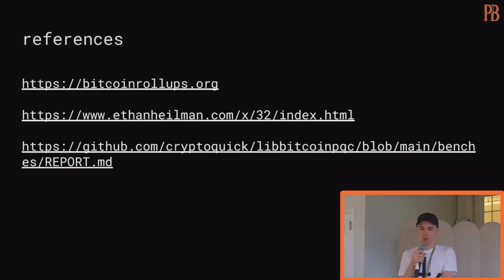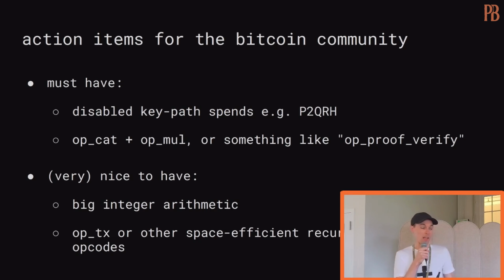Yeah, so first, like I said, we have to disable keypath spends. That way we restrict spending from that address to the script path. And then the script would be this validity proof verifier script, so that in order to spend from the address, you have to supply a validity proof that the program that is being proven is being satisfied.